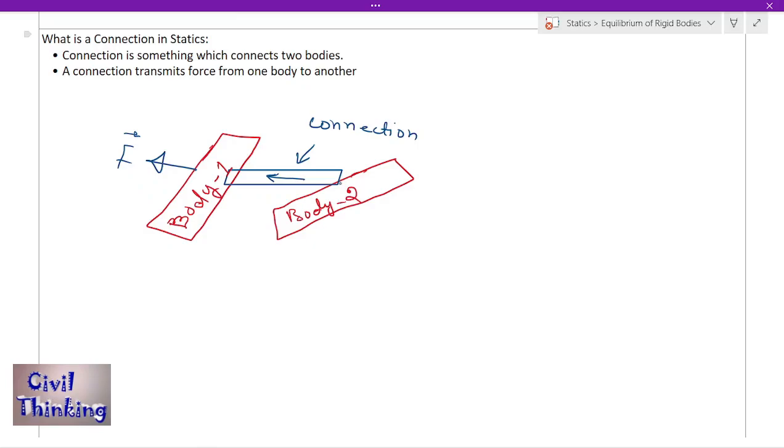Body 2 will be pulled towards the connection, like this. So the force applied on body 1 is transmitted to body 2. This is a connection. It works similarly to a support. So let's move on.